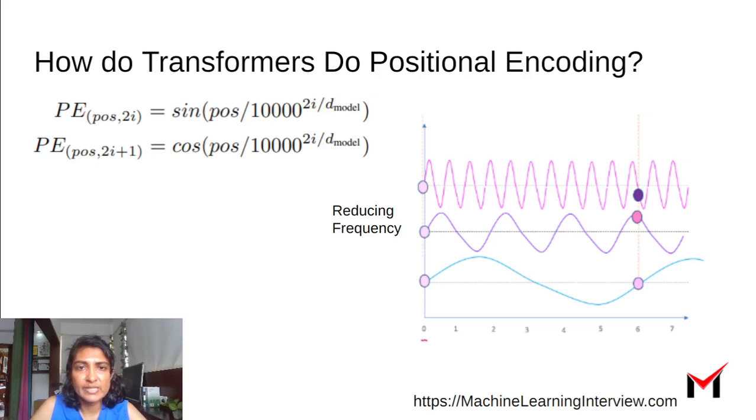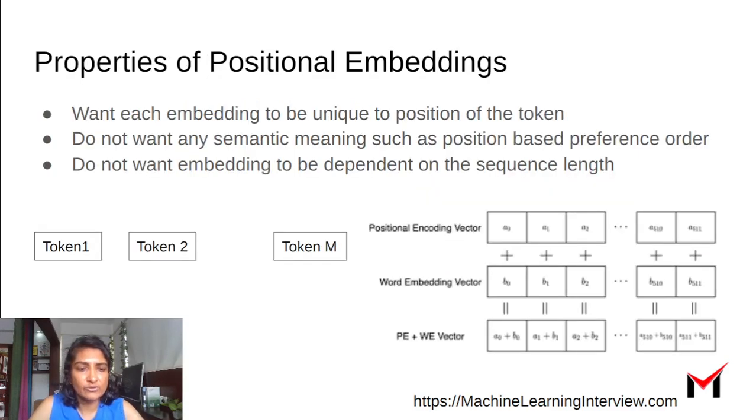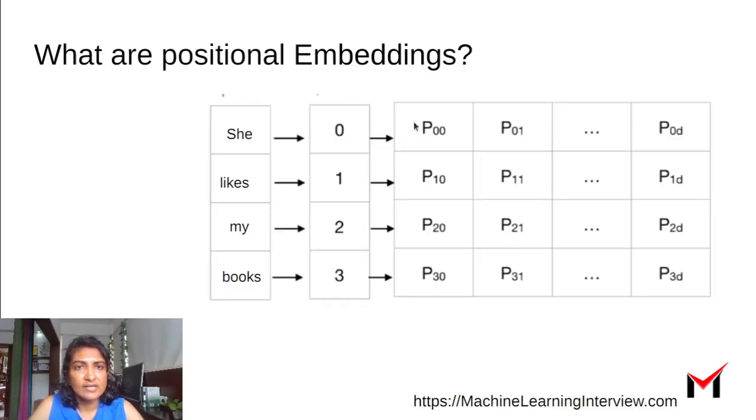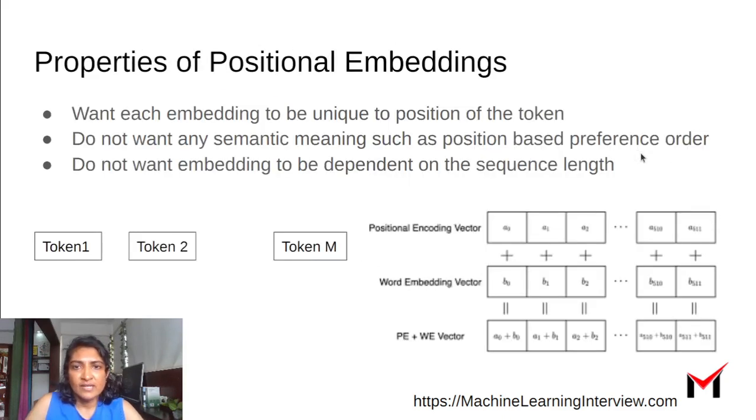So if I have a 512 dimensional embedding, then d model will be 512. What is i? i is the position within the embedding vector. What we saw here is P00, P01 and so on. So i is the position within this embedding vector.